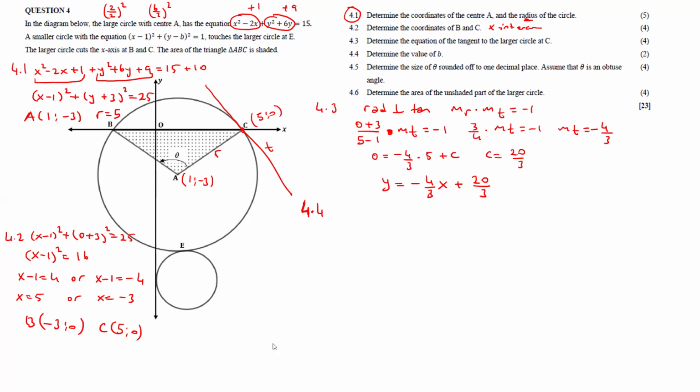Right, 4.4, determine the value of b. Where is b? b is the y coordinate of the center of the smaller circle.